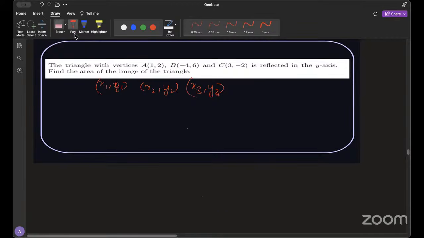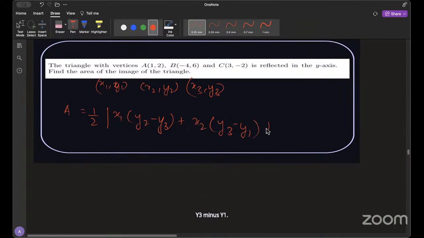Then the area is given by half mod of x1(y2 minus y3) plus x2(y3 minus y1) plus x3(y1 minus y2). Right?